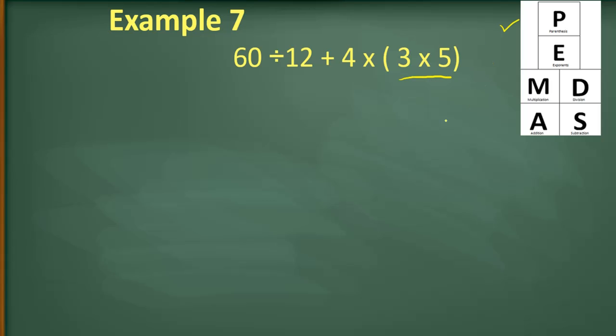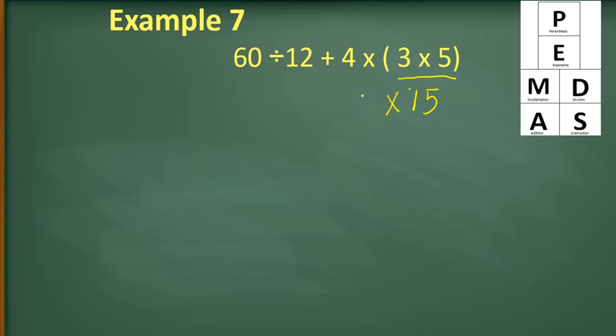We solve first numbers inside the parenthesis. 3 times 5 is equals to 15. Then, we bring down the rest.